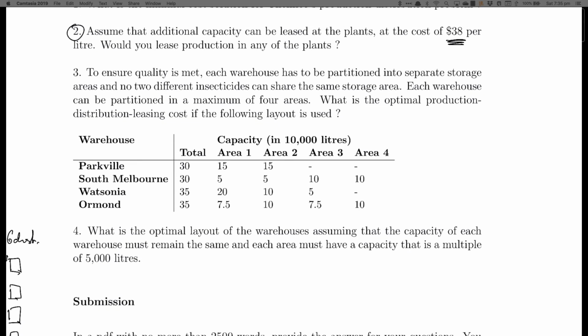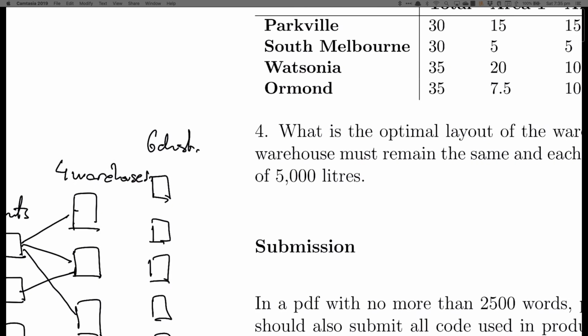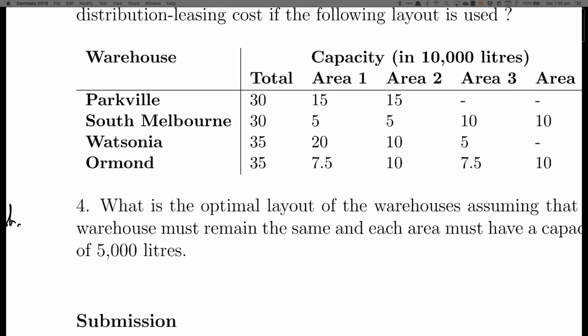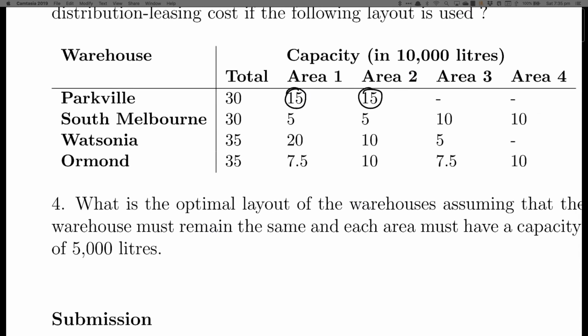Then in question 3, I'm assuming that you cannot mix these chemicals, and each one of your warehouses has some kind of partition. So for example, your warehouse 1 is partitioned in 2 areas of capacity with 150,000 liters.